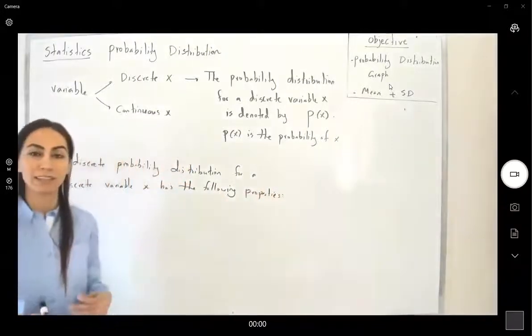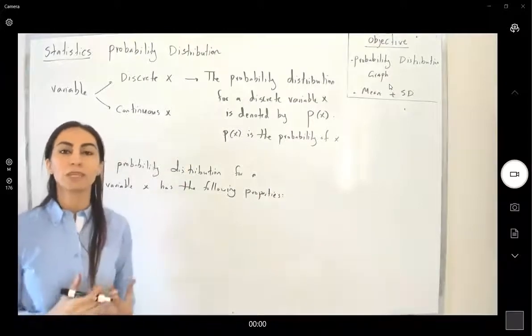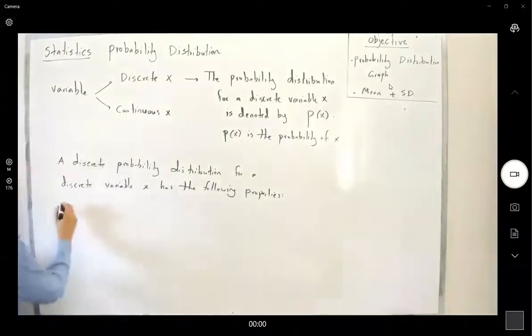First of all, remember that the probability of an event or a variable must be a number sandwiched between 0 and 1.